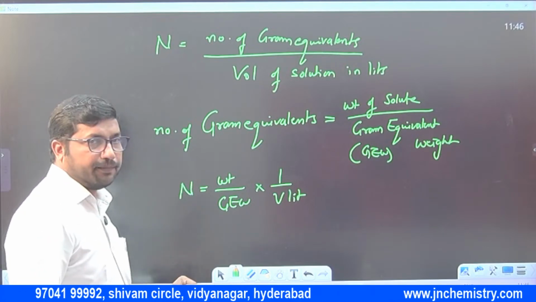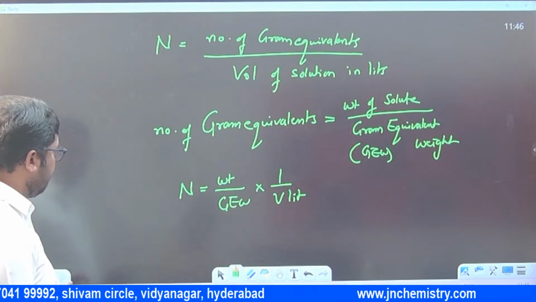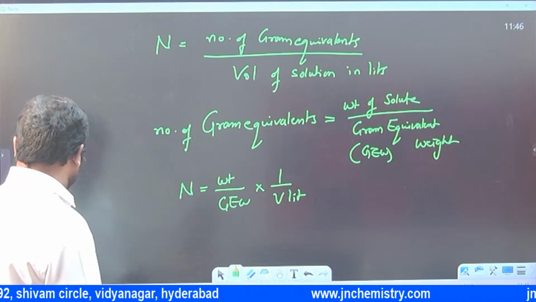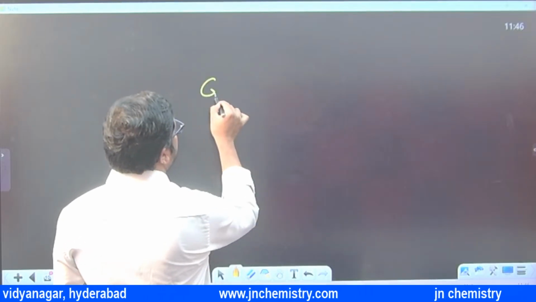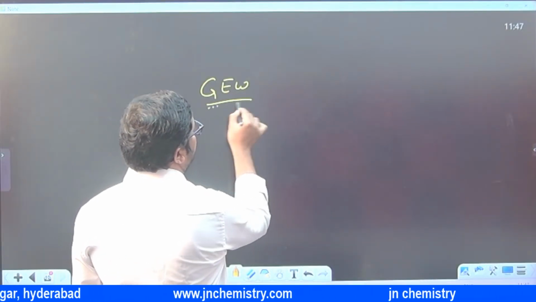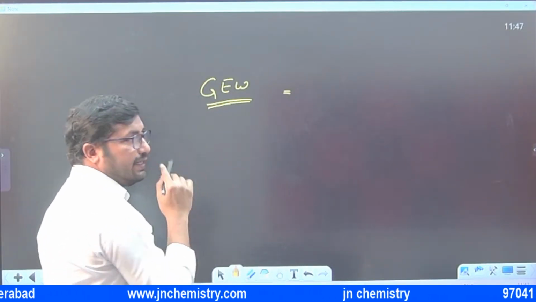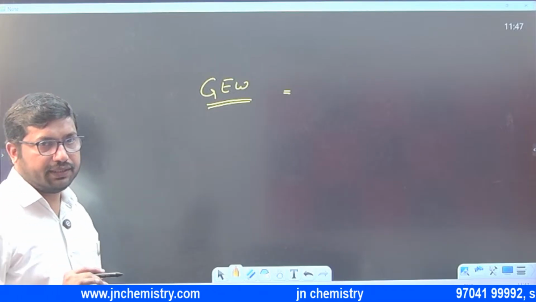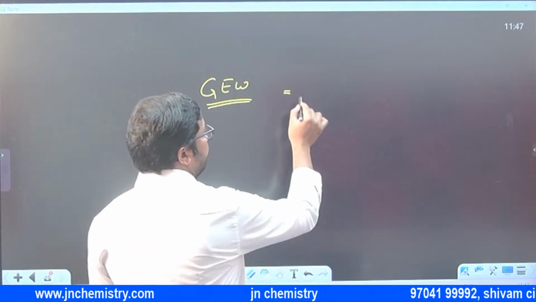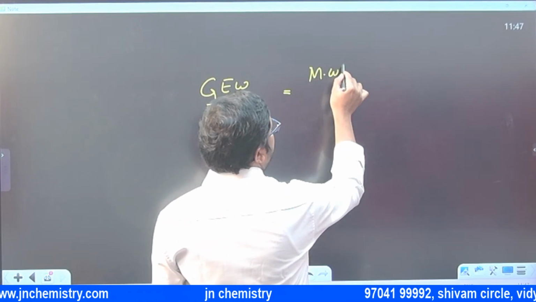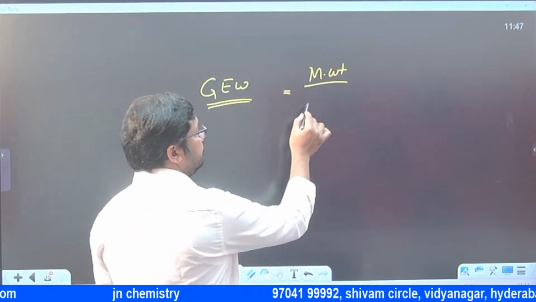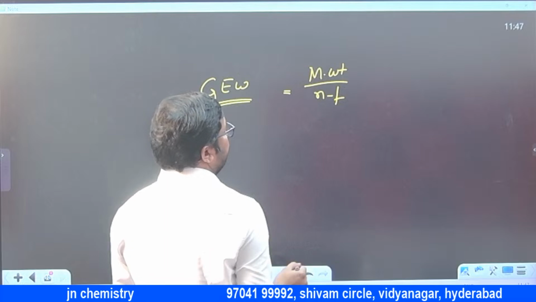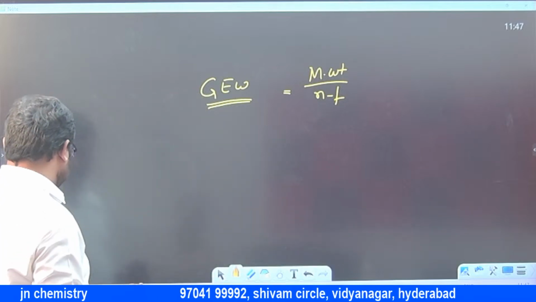What is GEW? Gram equivalent weight. What is gram equivalent weight? Gram equivalent weight is equal to molecular weight by n factor, not weight.